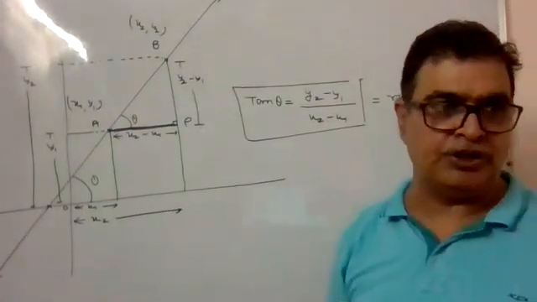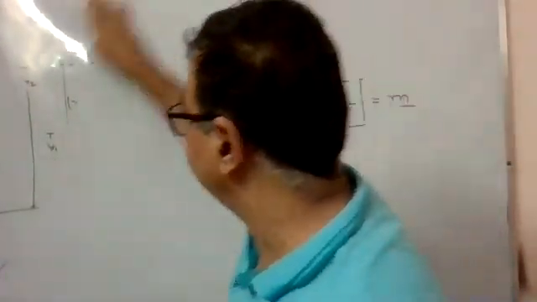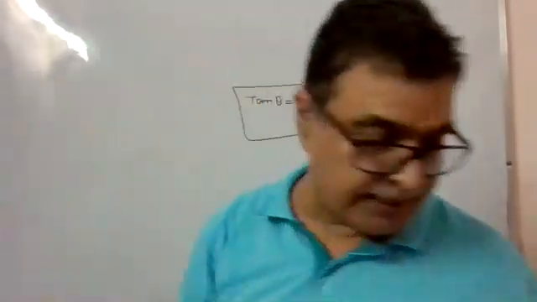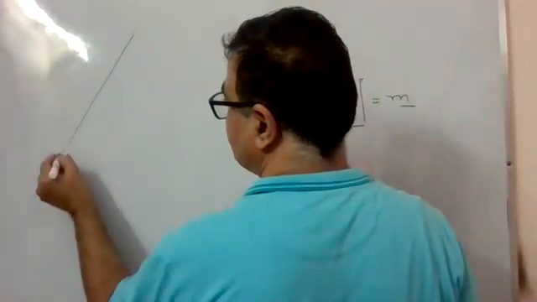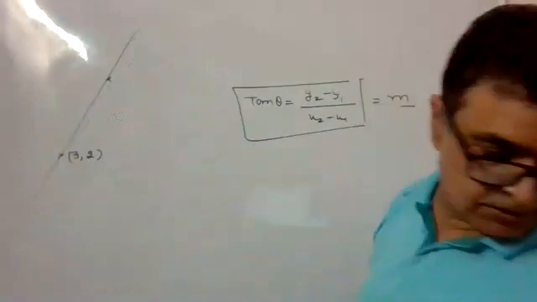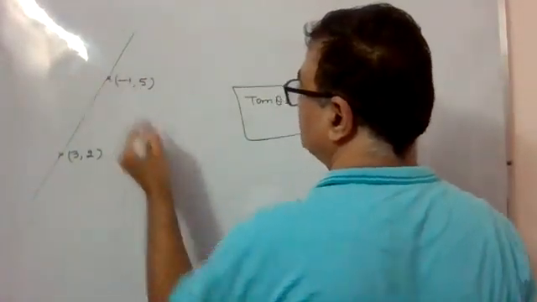Now write one question on it, please. Find the slope of a line passing through the points 3, 2 and minus 1, 5.